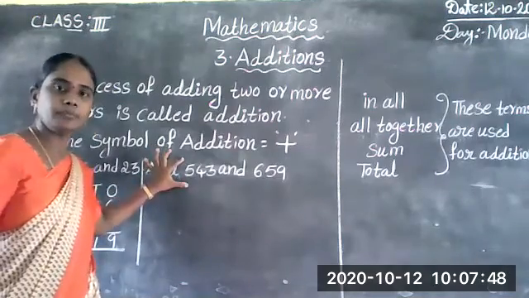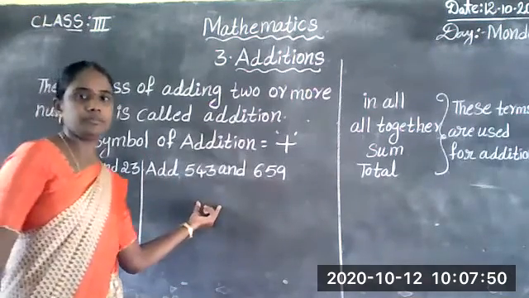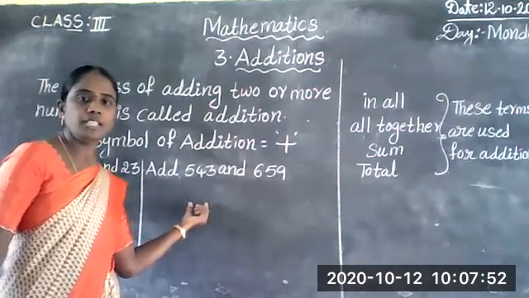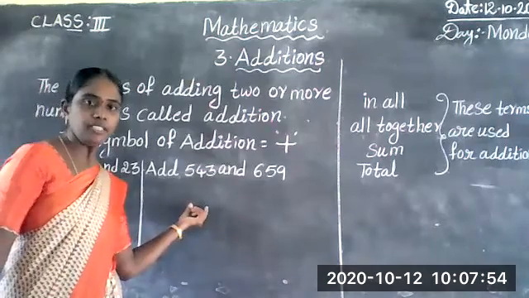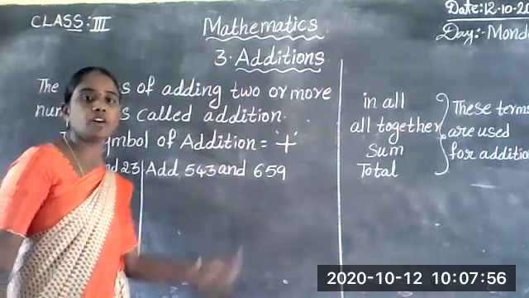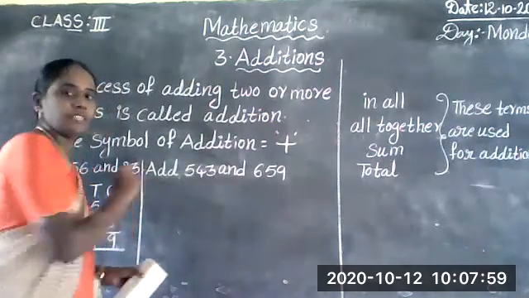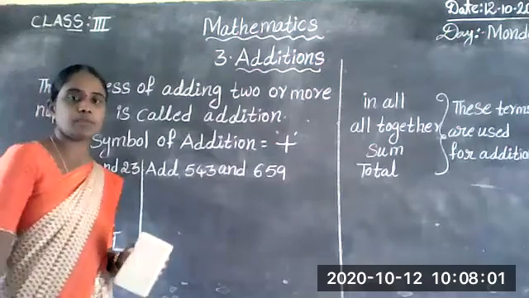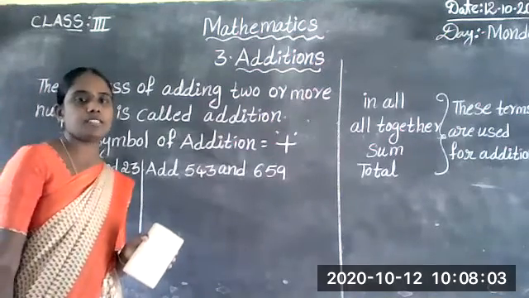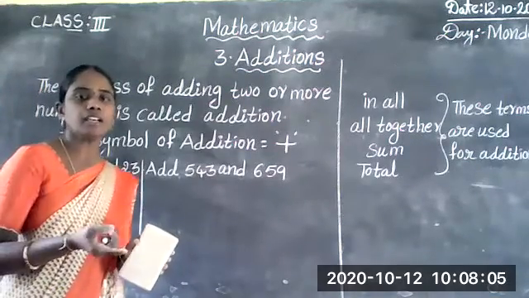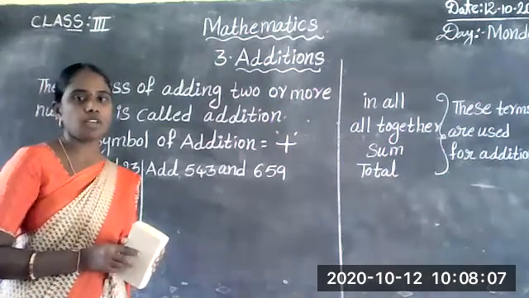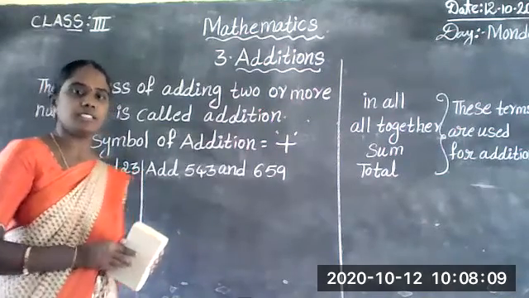543 is a three-digit number, so we read it with hundreds. In 543, 3 is in the ones place, 4 is in the tens place, 5 is in the hundreds place. The place value of 5 is 500, of 4 is 40, and of 3 is 3.